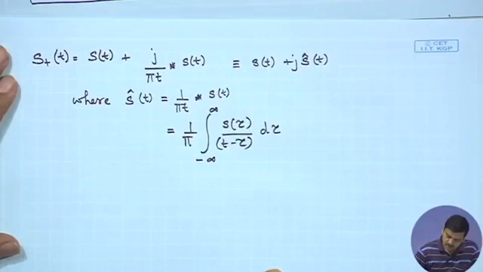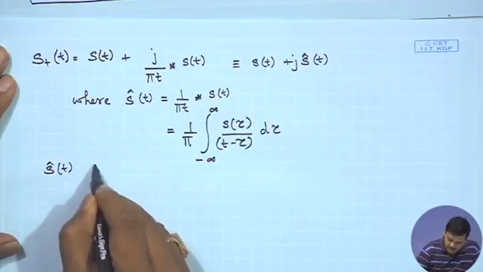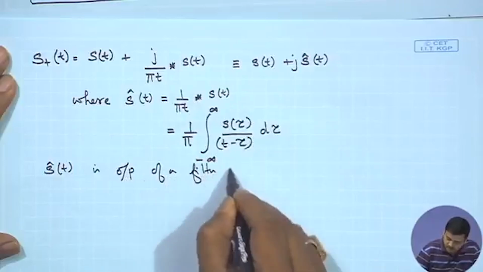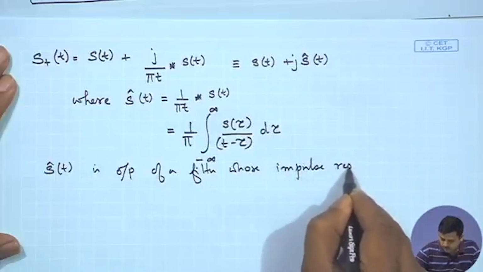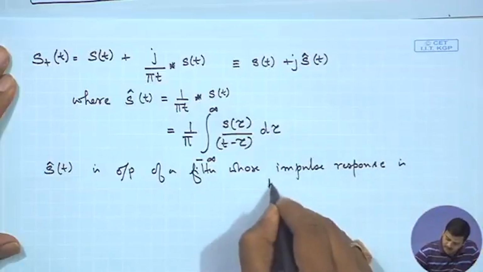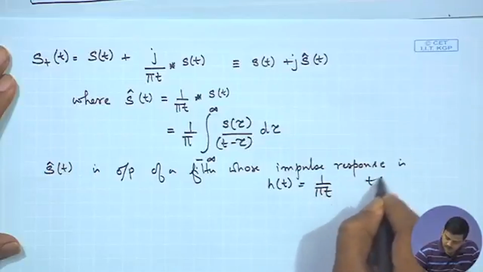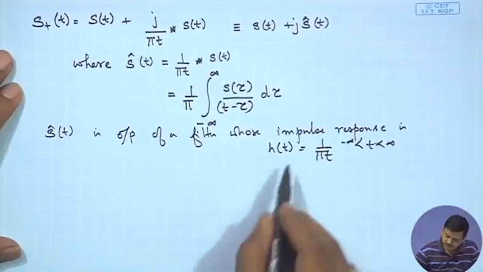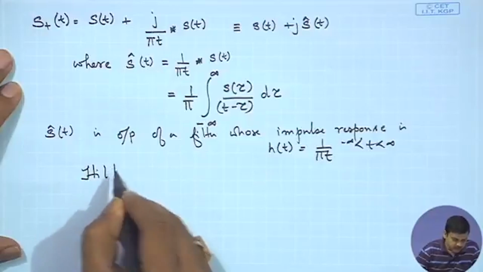So, what we can say from here is that S cap of t is the output of a filter whose impulse response is given by h of t, which is equal to 1 upon pi t for t ranging from minus infinity to infinity. Such a filter that we have is known as a Hilbert transform.